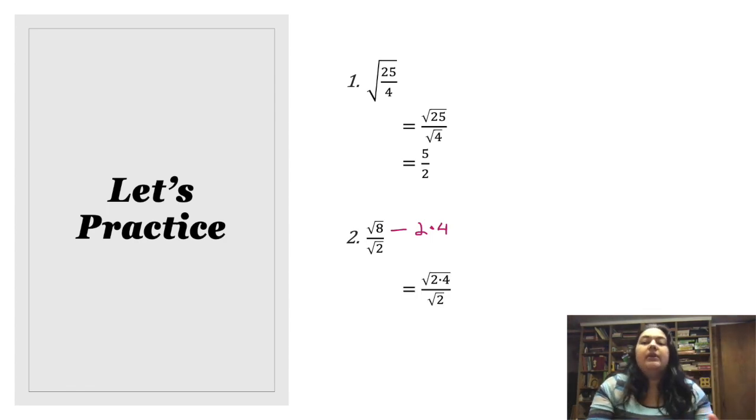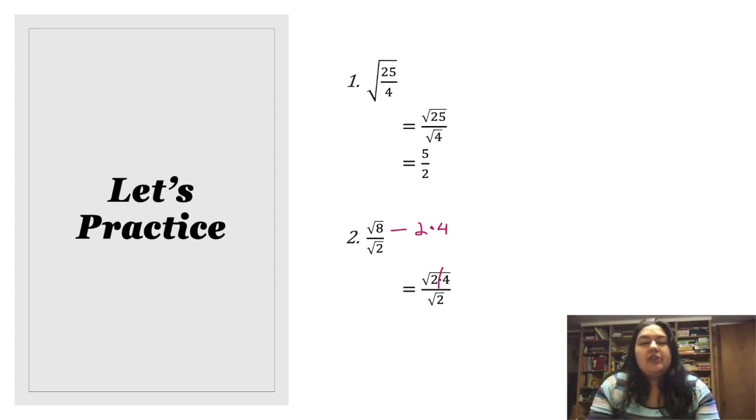Okay, there we go. So we have them together, and we split them up, right? So the square root of 2 times the square root of 4. That's why I have that really awkward line there.